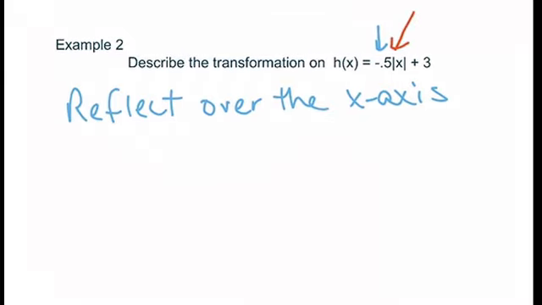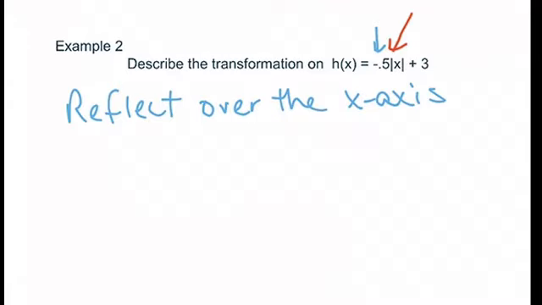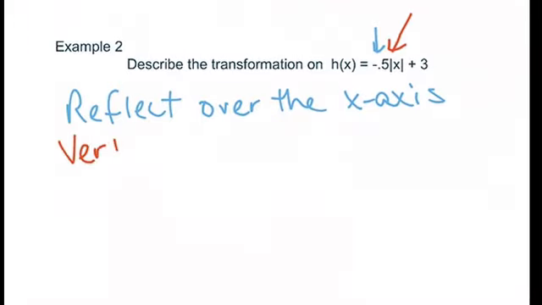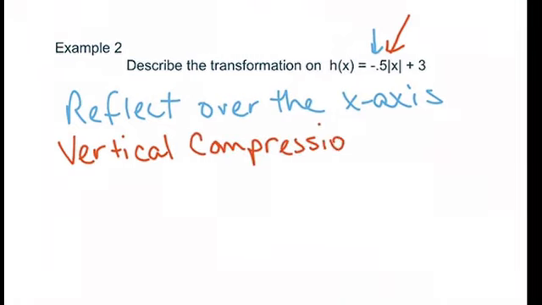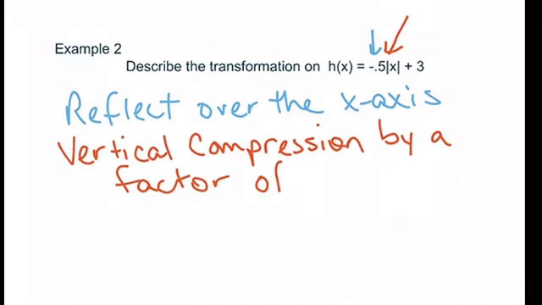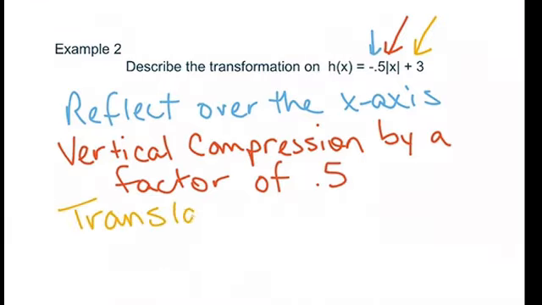The 0.5 that is being multiplied out in front, if you look back at your notes, this tells me because it is between 0 and 1, it is a decimal, so this is going to be a vertical compression by a factor of 0.5, because that is the value of A. Okay, then outside the absolute value, I have this plus 3, so that is a translation, and outside, everything does what it's supposed to, and it goes up or down, so a translation up 3 units.